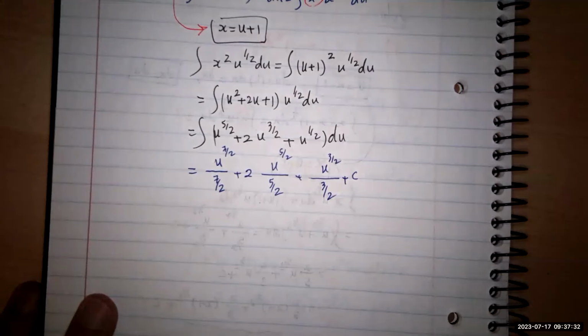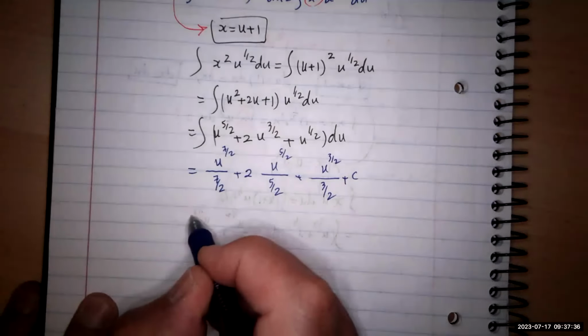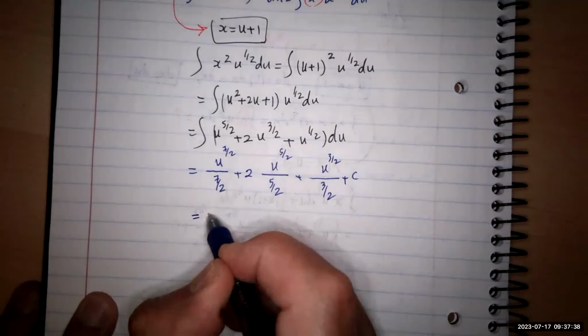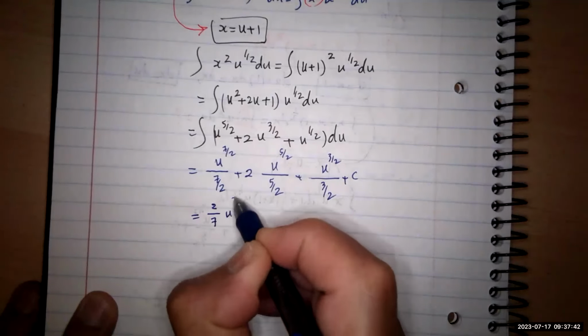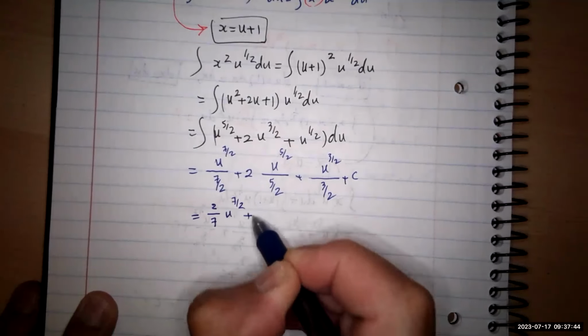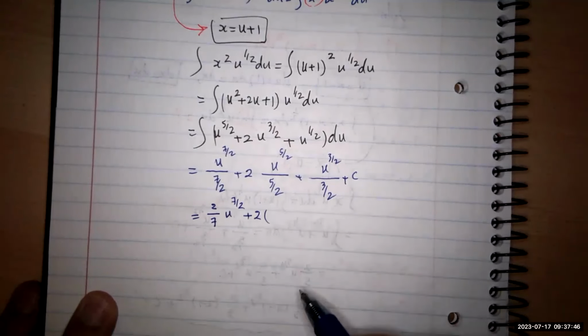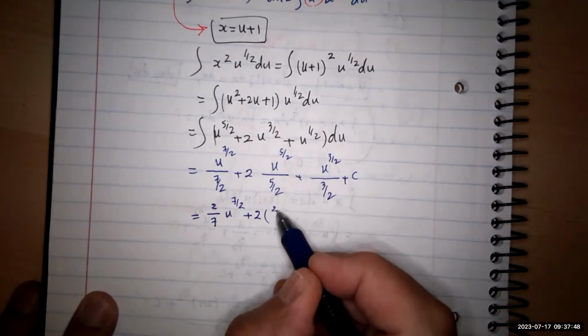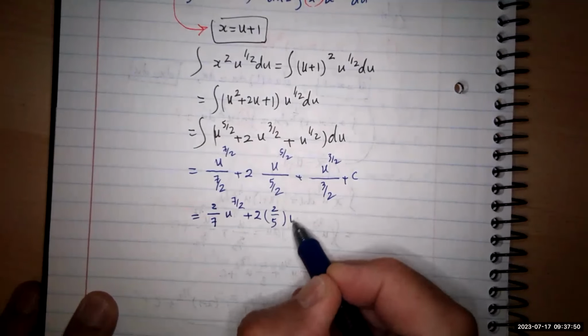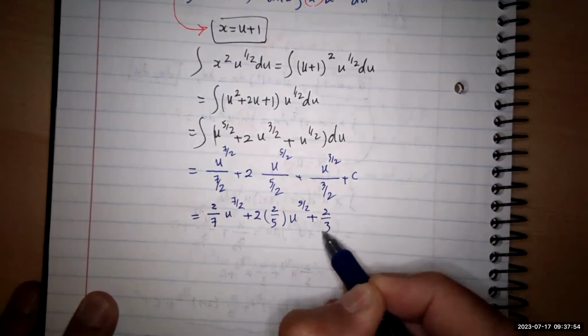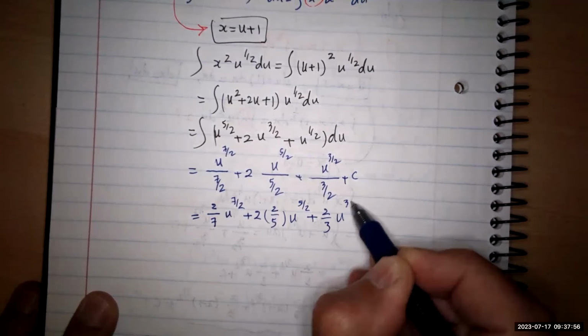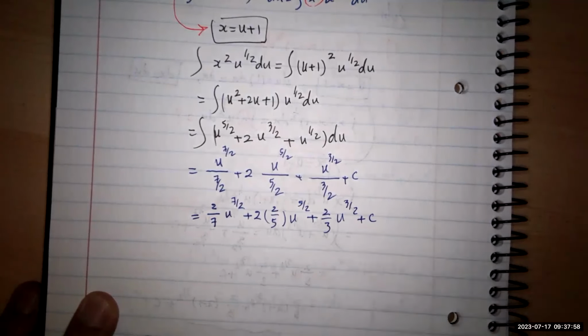Okay, use the reciprocal of those numbers. So this is going to be equal to, reciprocal is 2 over 7, u to the 7 halves. This is going to be 2 times reciprocal 2 over 5, u to the 5 halves. And this is going to be 2 over 3 u to the 3 halves, plus the constant.